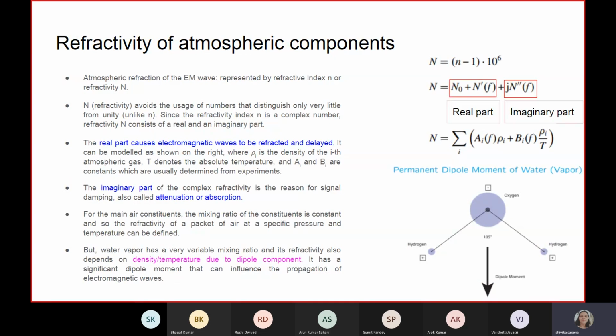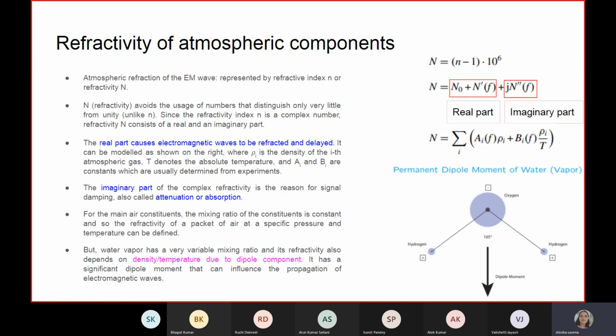So when we talk about the troposphere, we directly talk of refractive index and refractivity. Why? Since the troposphere is electrically neutral, no chemical or electric reaction is happening. So how is the signal being delayed by the medium?